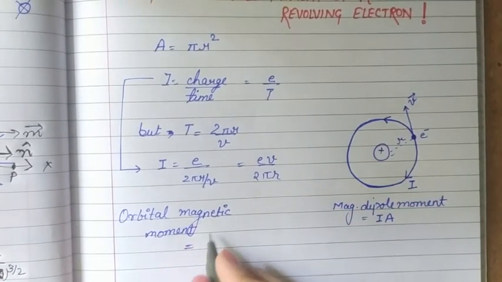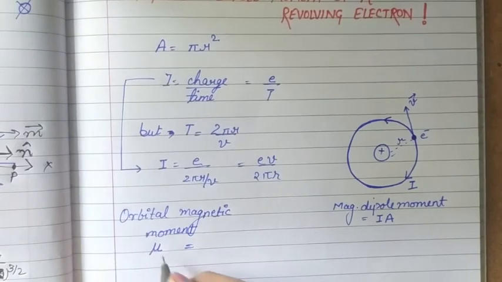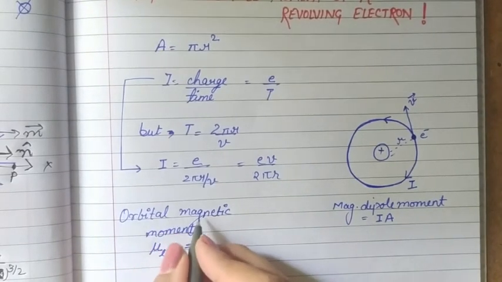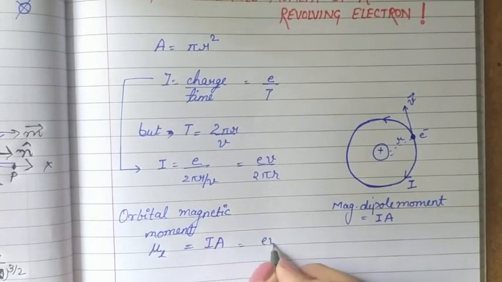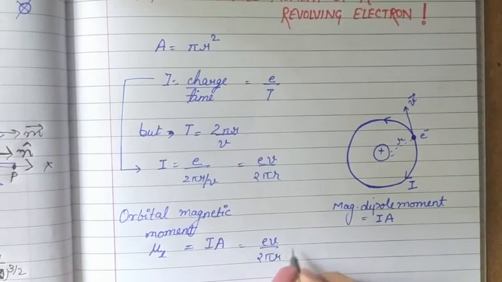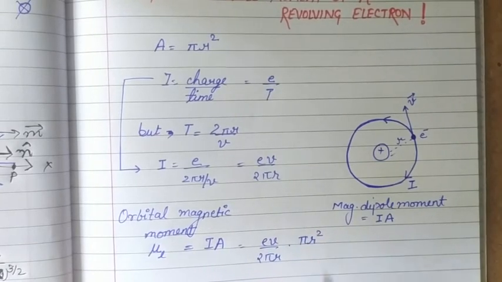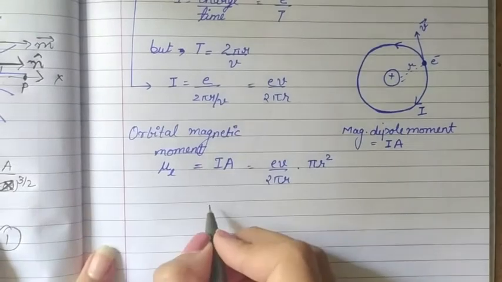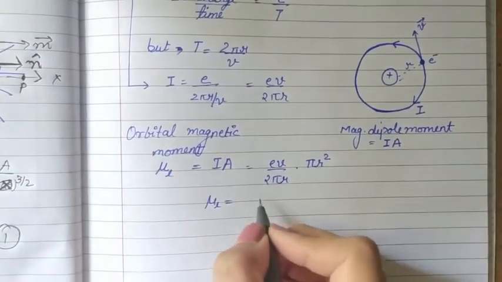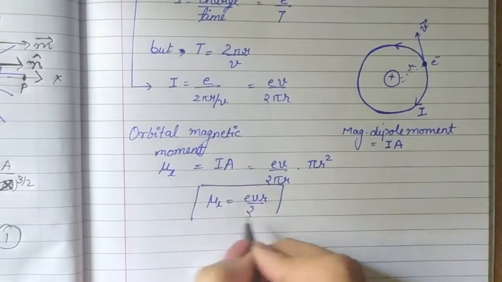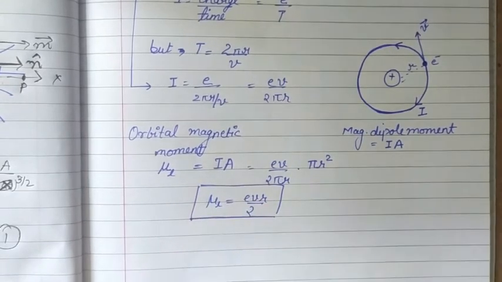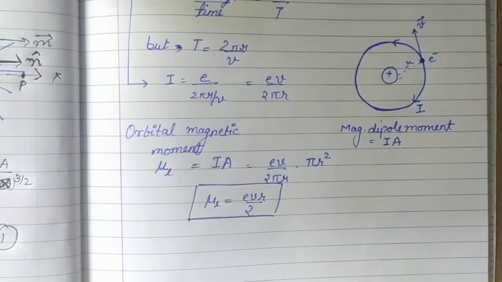So orbital magnetic moment is represented by mu and sometimes suffix L. So mu L is the orbital magnetic moment, which is given as IA, and its value will be ev upon 2 pi r into pi r square, and on solving this we get mu L is equal to evr upon 2. So this is the value for magnetic dipole moment of a revolving electron, or we call it as orbital magnetic moment.